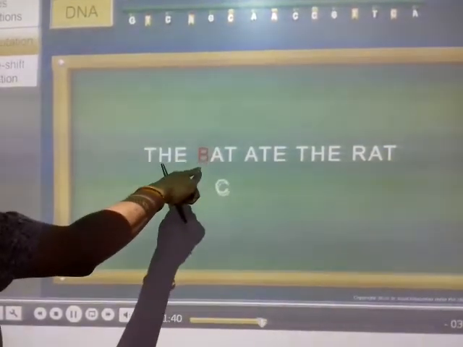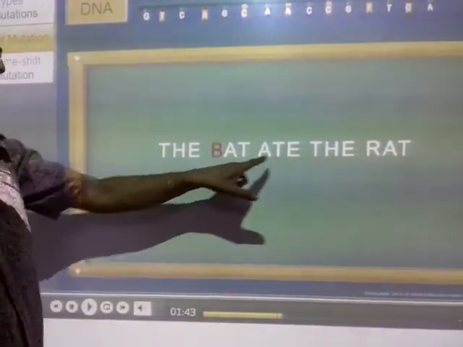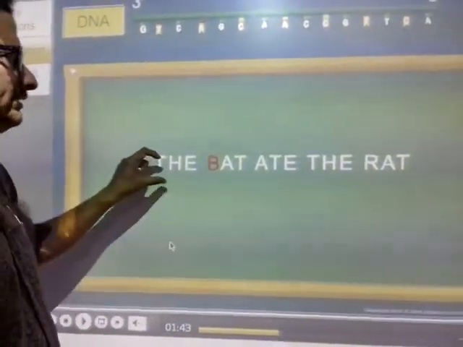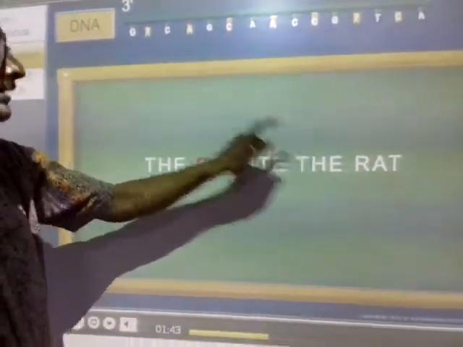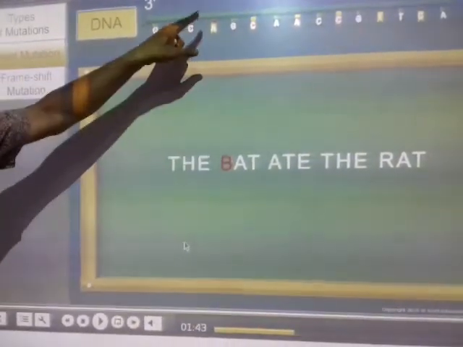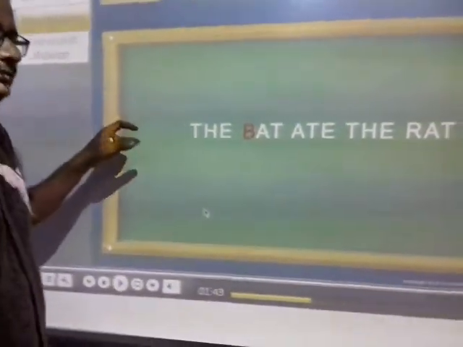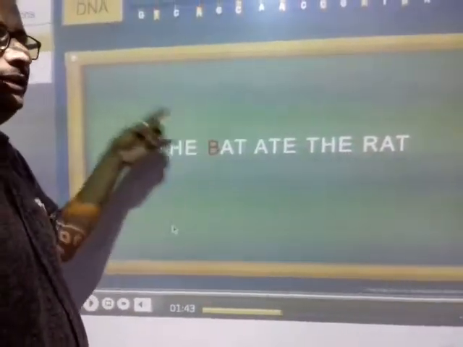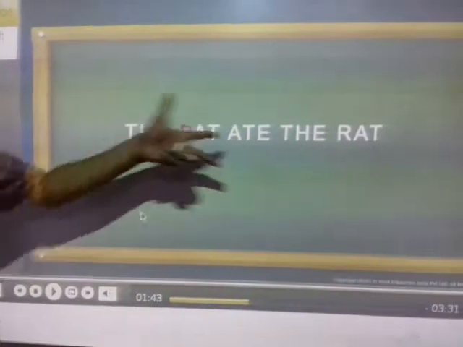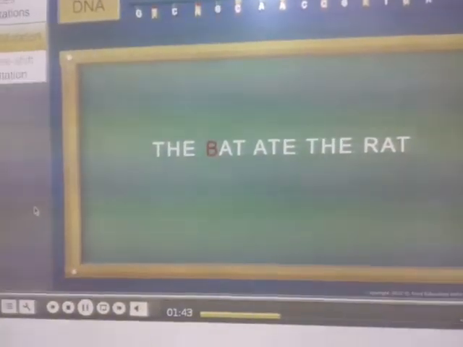Suppose B comes and joins at this place, replaces C, the whole meaning of the sentence changes: the bat ate the rat. This is what we call a point mutation. A wrong base is added or replaces another, and the whole meaning of the sentence changes. Similarly, in mutation also, the whole thing changes after that particular point.